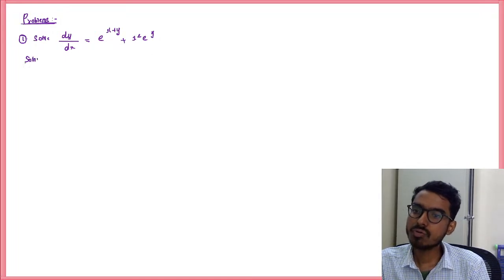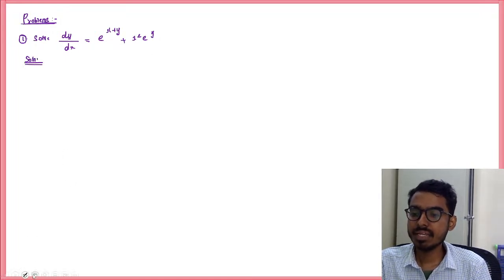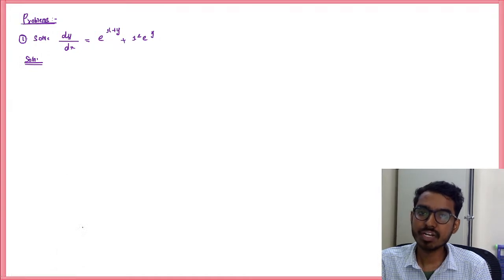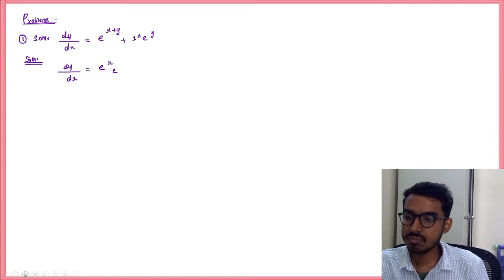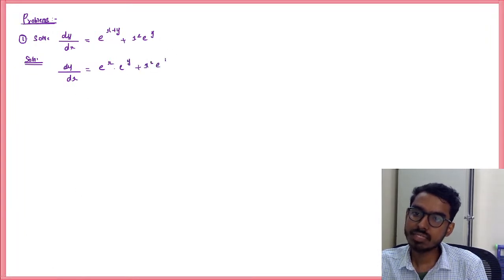So we need to separate x and dx to one side, functions of y and dy to the other side. We will have dy by dx is equal to e power x into e power y plus x square e power y.